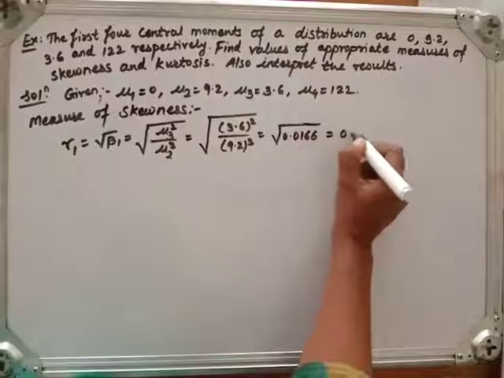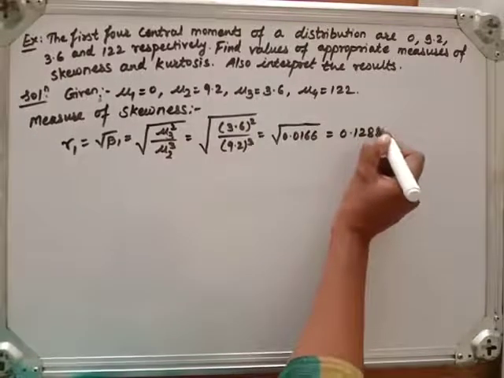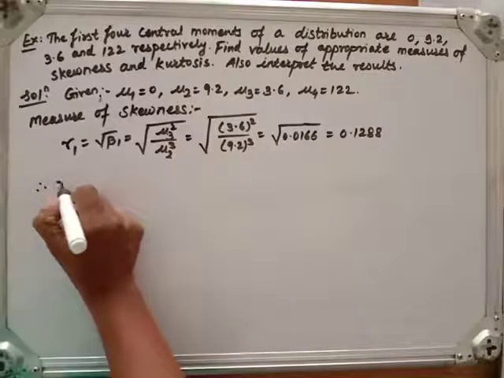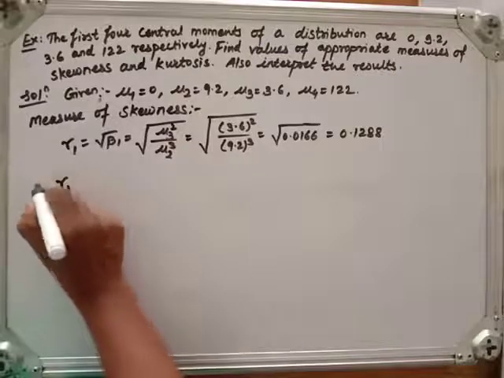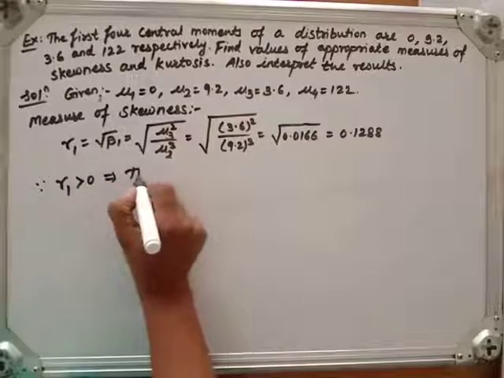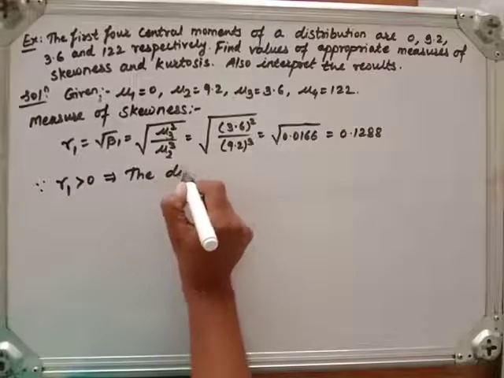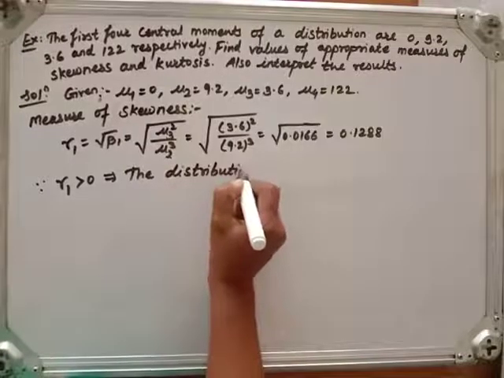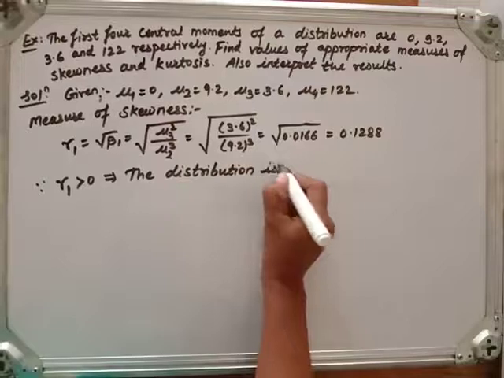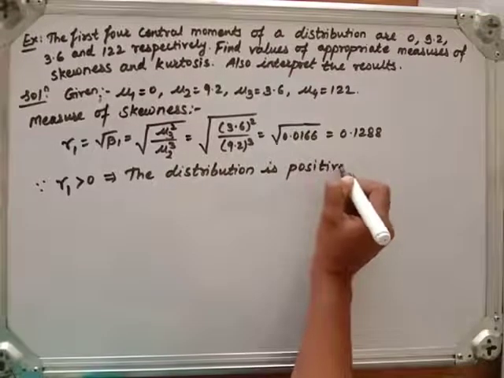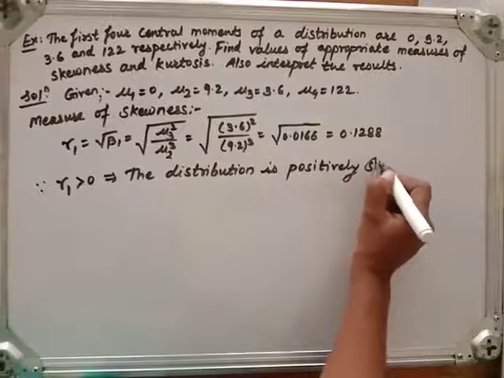It is 0.1288. Now, since gamma 1 is greater than 0, this says the distribution is positively skewed.